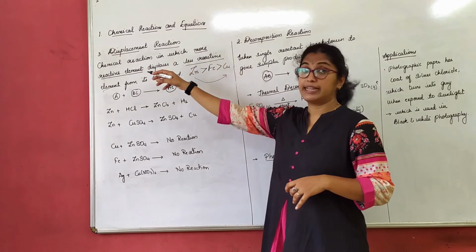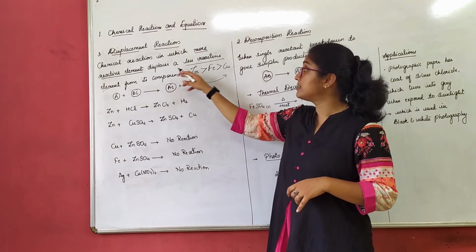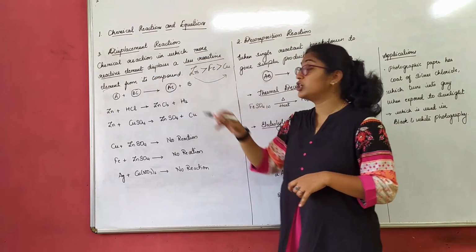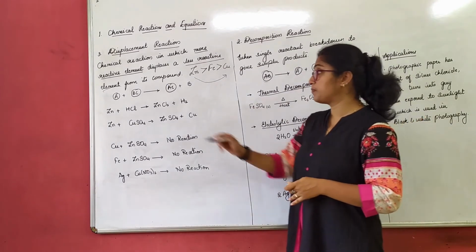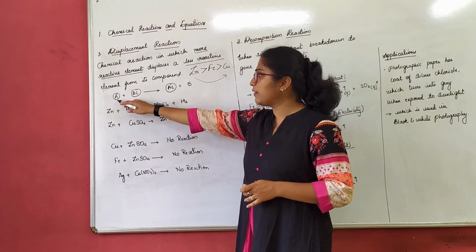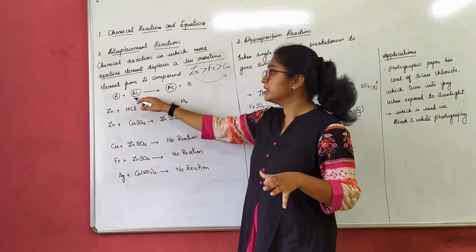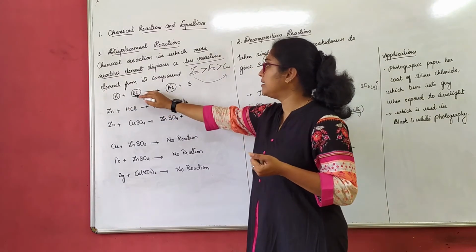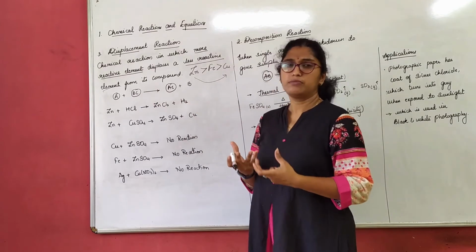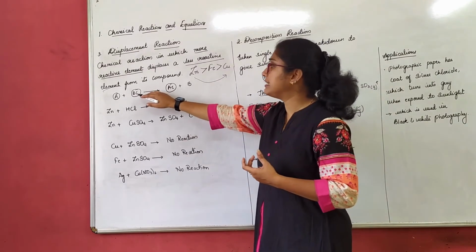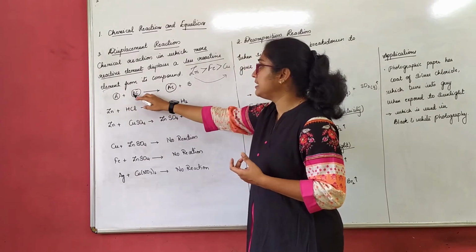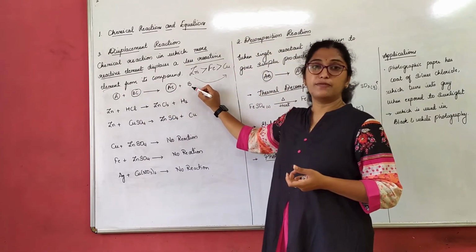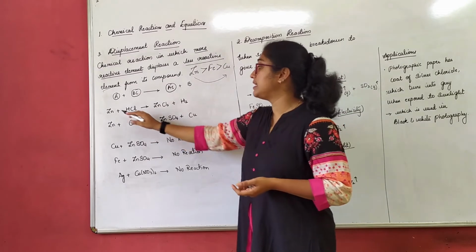Now, for example, I have taken A and BC, because A is one metal and BC is a metal, non-metal or a salt, anything. So here what has happened is A has combined with C and displaced it, and B has formed. How? Let us see with an example.